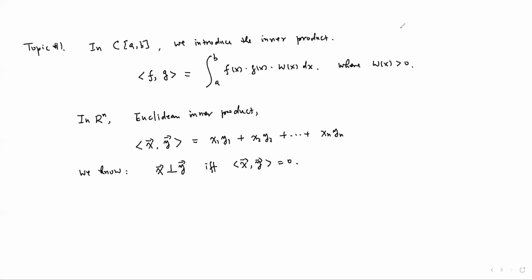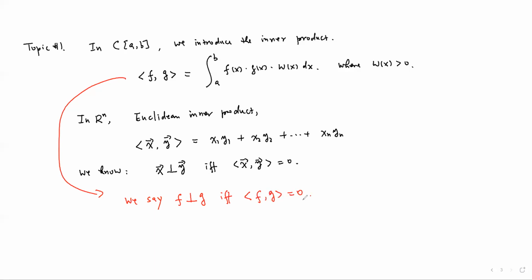Now, similarly, here we say that function f from this space is orthogonal to function g. What does it mean? It means that if and only if this inner product is 0.